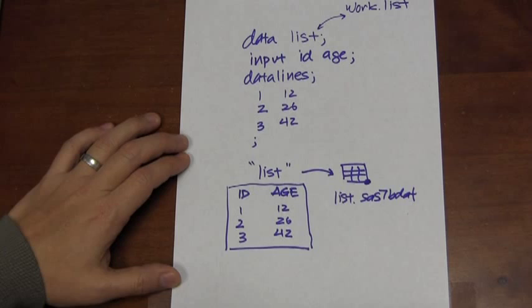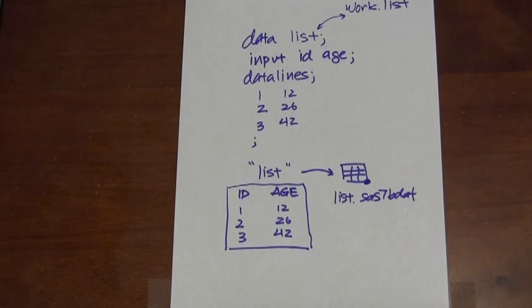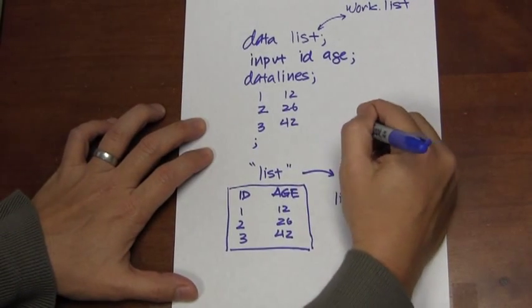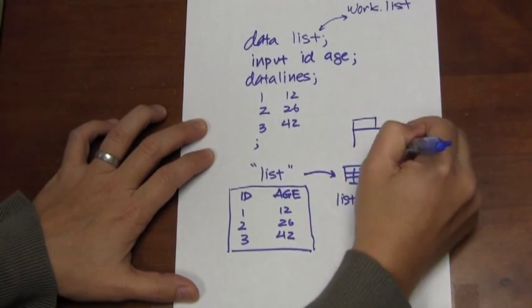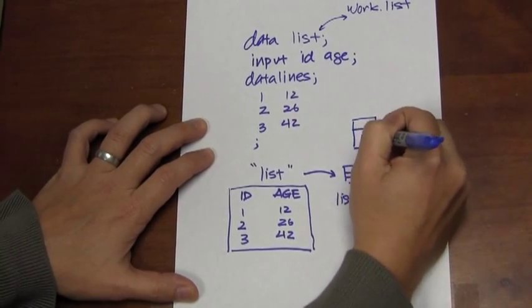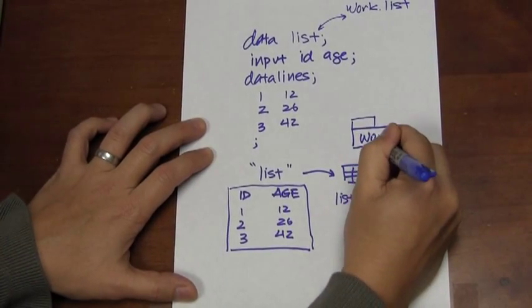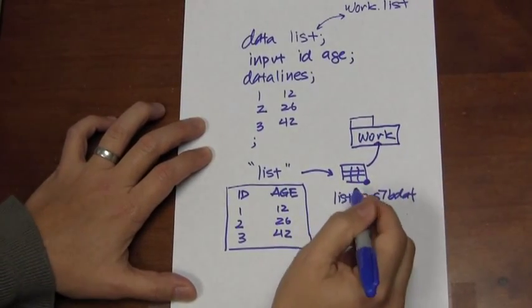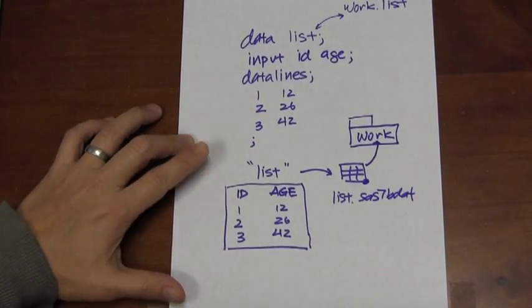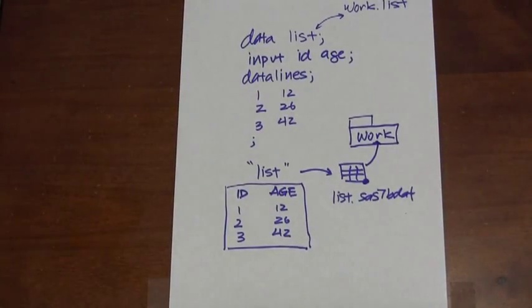When we don't specify the two-level name, just only specify the name of the dataset matrix itself, then that's implying that we're going to be saving this dataset matrix temporarily in what we call the work directory. Right? So you could think of somewhere on the computer, there's the equivalent of some kind of folder like that. And what this is going to do is it's going to put that file there. Okay. So that's just a review of what that's saying.